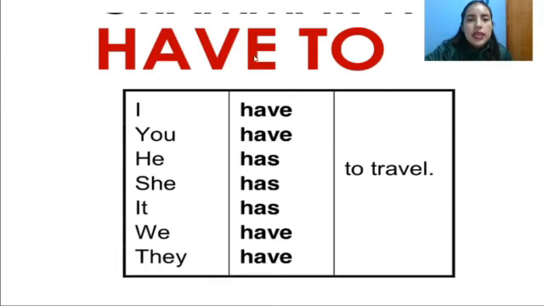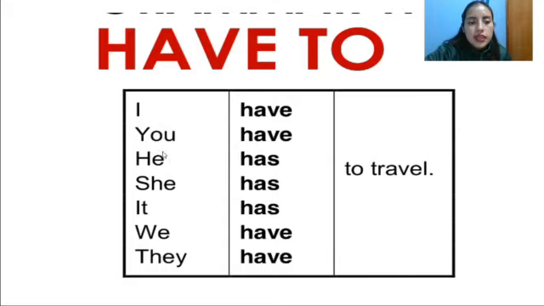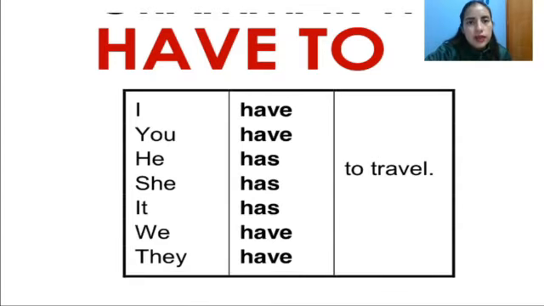Now, in have to, you have to write in this form. First, you have to write the subject, I, you, he, she, it, we, you, they. Or you can use names, Maria, Juan, Felipe, okay? My mother, my father, my sister. Then you have to add has to or have to, according to the subject.